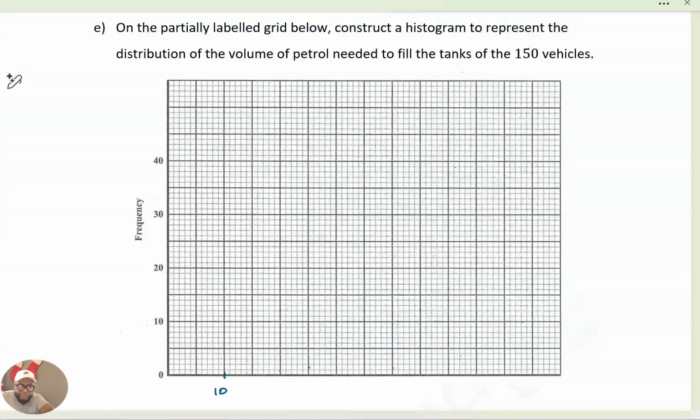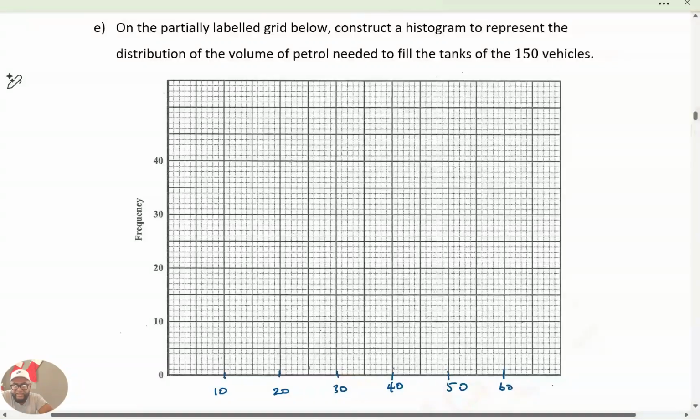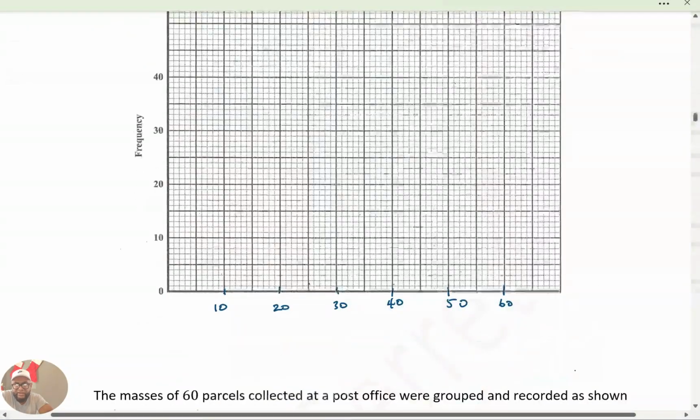Okay, so let's go. So this will be 10, 20. Go 2 centimeters to 10 units, right? 20, 30, 40, 50, 60, right?